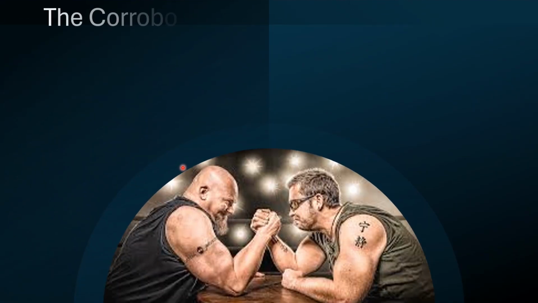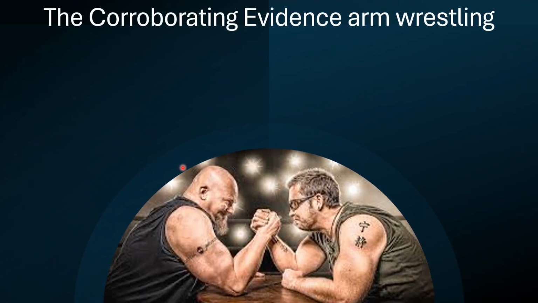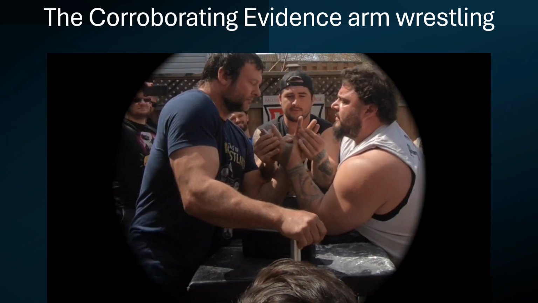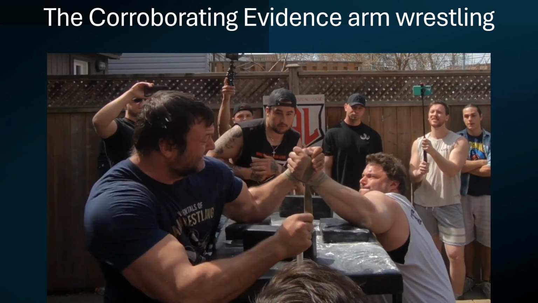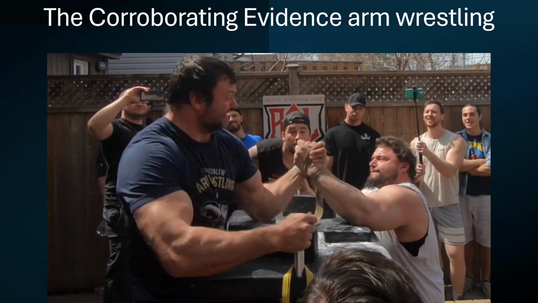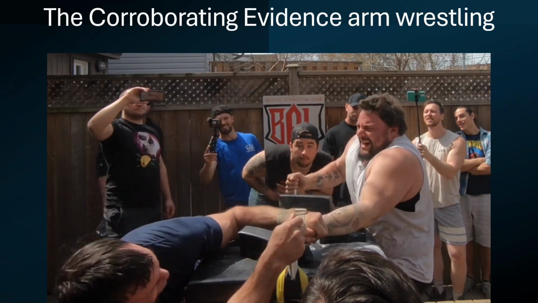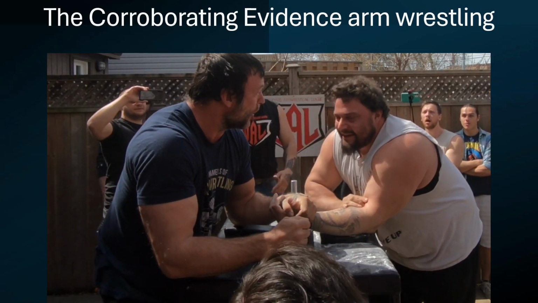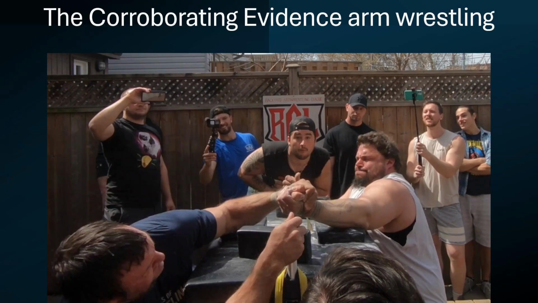And then corroborating evidence from arm wrestling. Evidence roll. Hand in a fully extended position, wrist in supinated position.